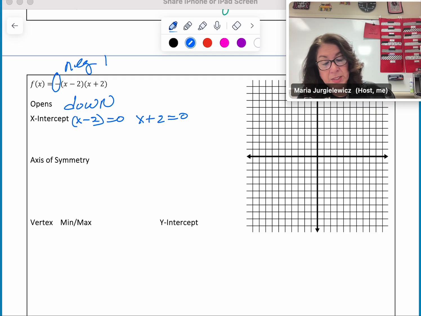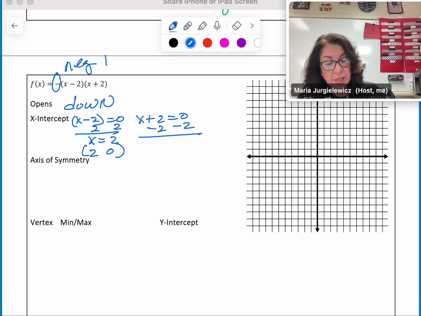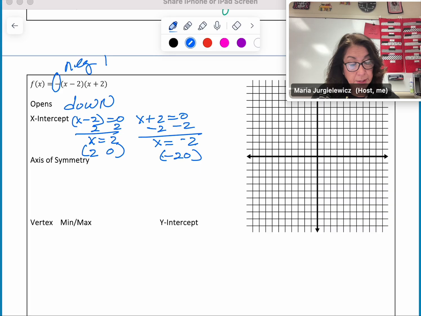And now I want to leave x by itself. So we're going to add 2. X is equal to 2, which means 2, 0. Subtract 2, x is equal to negative 2, which means negative 2, 0. So now I know that it's going to cross here at negative 2. It's going to cross there at positive 2.